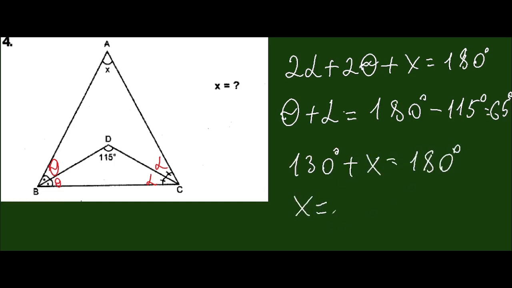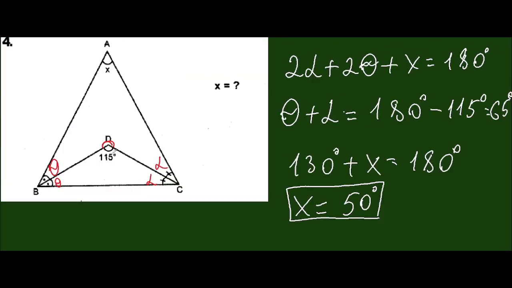So x here will be equal to 50 degrees. There are a lot of ways to find it out. One of them is to find this angle, and from the sum of interior angles of a quadrangle, you can also find alpha plus theta, and this will also be the solution.